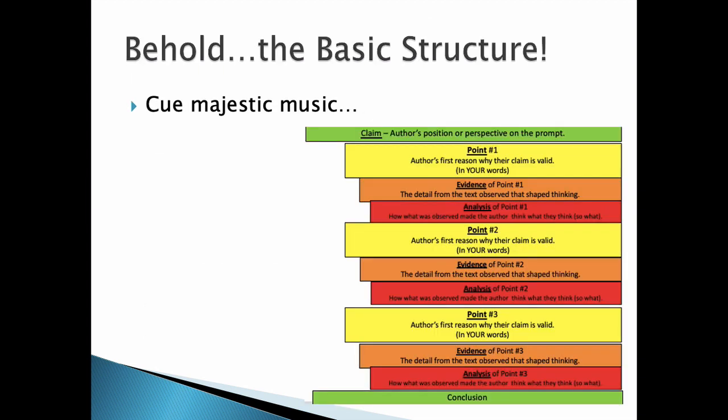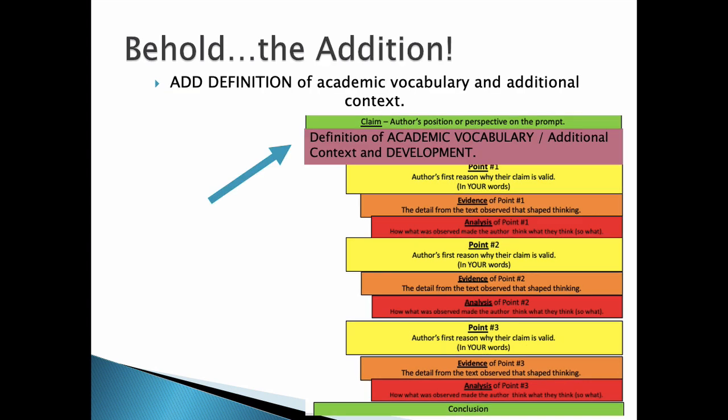So again, here is that basic structure. You can see the claim, 3 PEA chunks within one paragraph, ending with a concluding sentence. And so behold the addition. Here's where we are adding a layer of complexity to our PEA response.